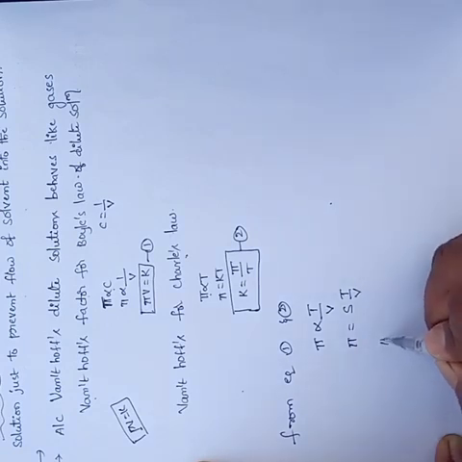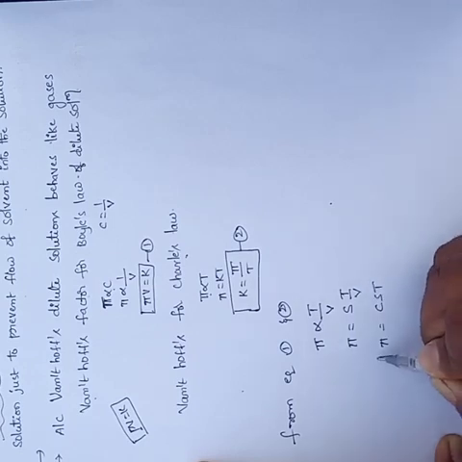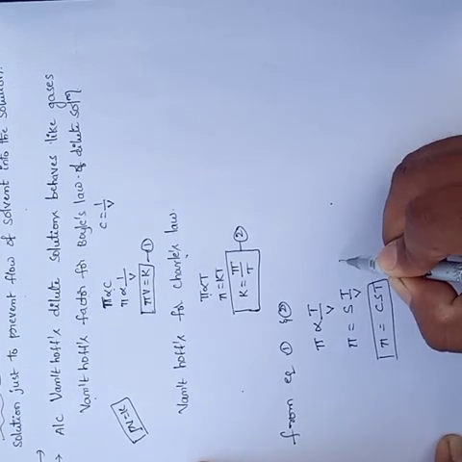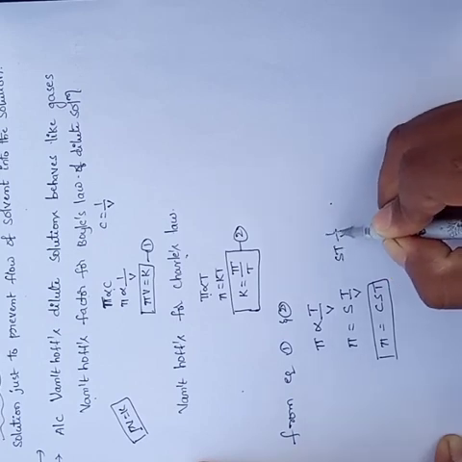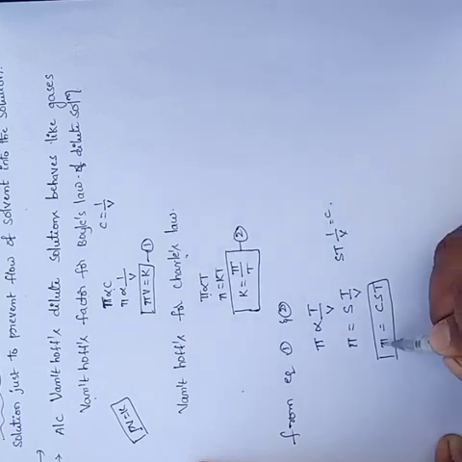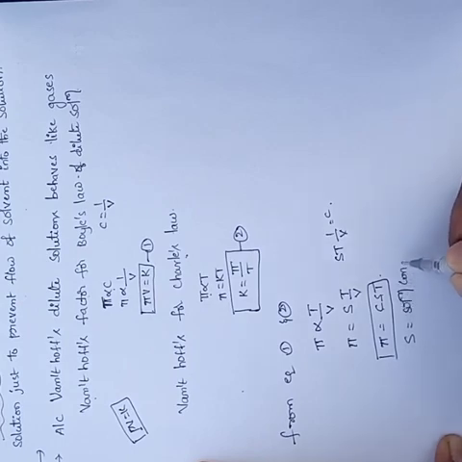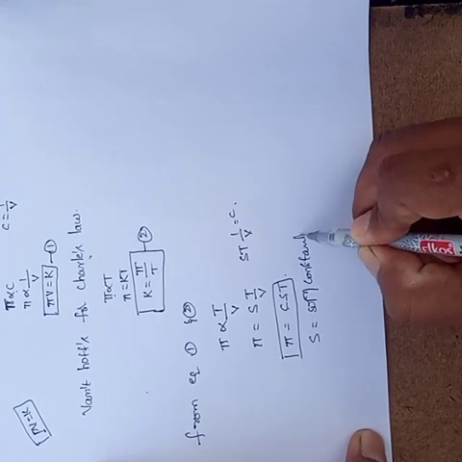Then pi is equal to S T, and 1 by volume is nothing but what? C only. Then we get pi is equal to CST, and here S is the solution constant.